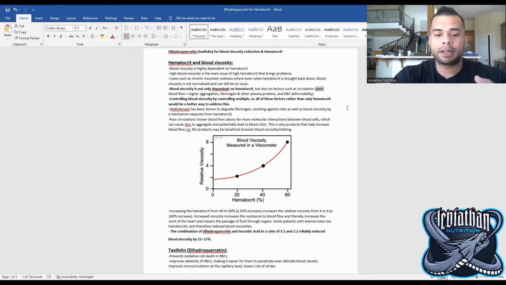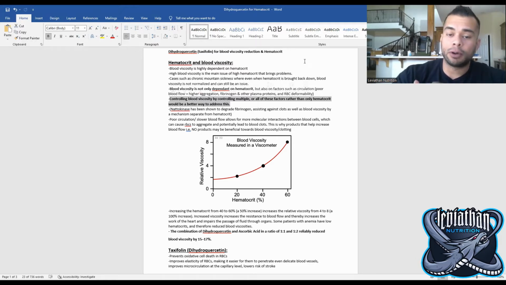Now, when you have red blood cells that are more rigid and they're not going to take a shape easily, they can clog up smaller vessels that they have trouble going through, and slow blood flow and all that. So the gist of this is that if we control blood viscosity by controlling multiple of these factors and not just hematocrit, we have a more effective way to address the issues that arise from high blood viscosity.